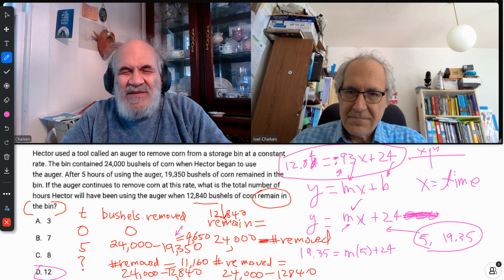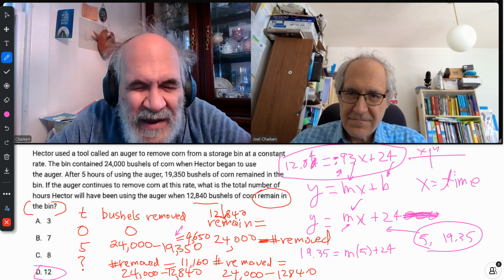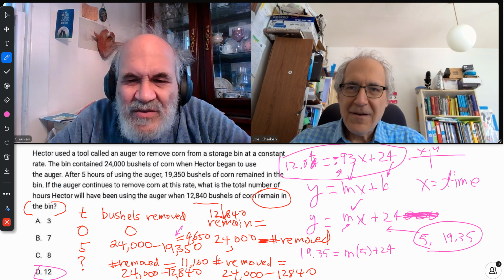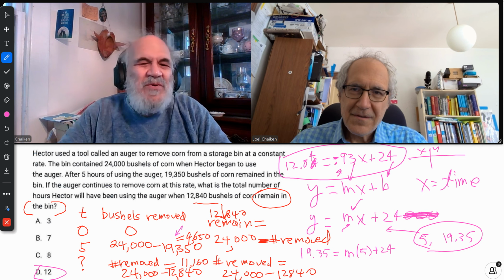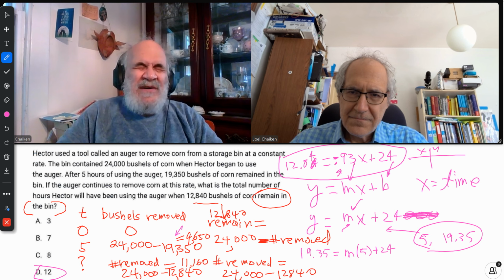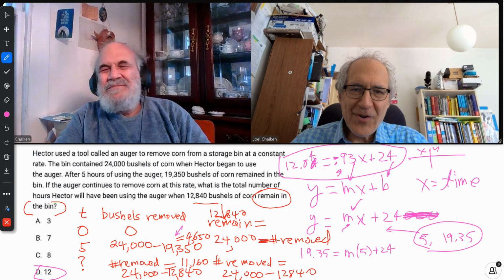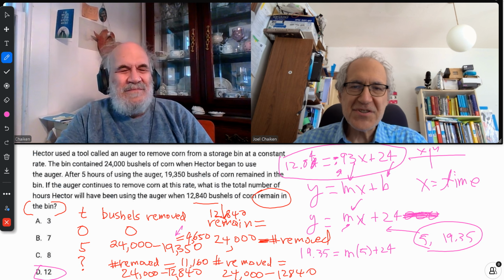Then I calculate how many bushels removed at the end by subtracting the number that remained from the original number and then dividing it by the rate. Okay, so I think yours might be easier. I was sort of lucky because I wasn't paying 100% attention to that.